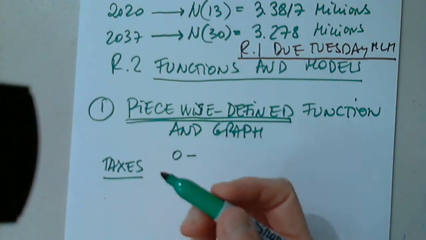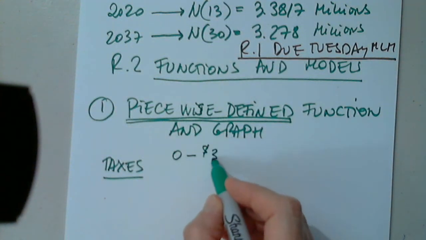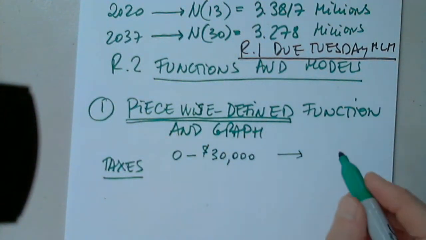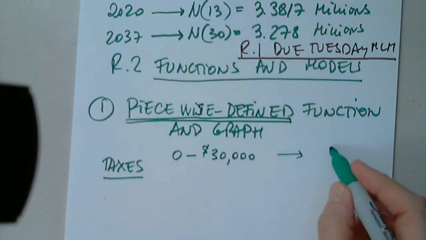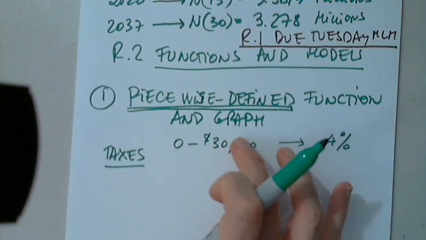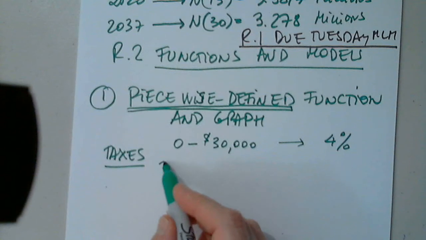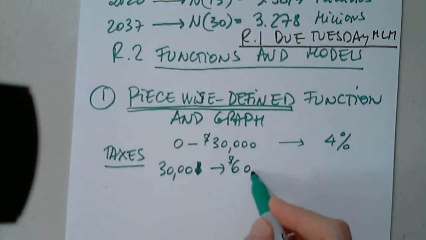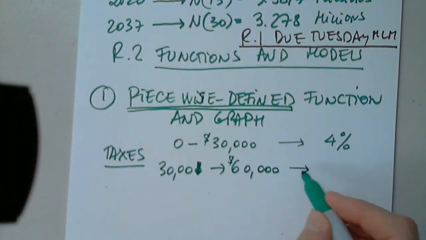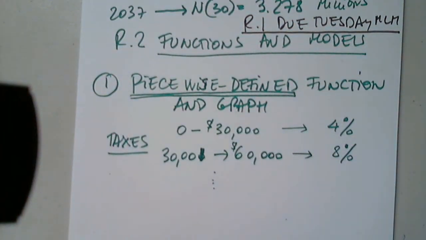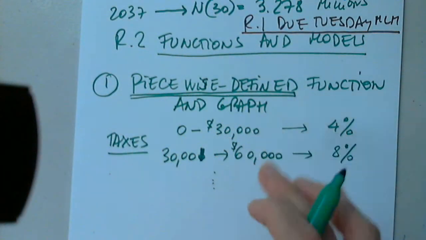For somebody who makes between 0 and, let's say, $30,000, the tax code requires this person to pay, I don't know, 4%. For someone who makes more than 30, let's say from 30 and a dollar to 60, let's say the tax code is 8%, and so on and so forth. This is the piecewise defined function.